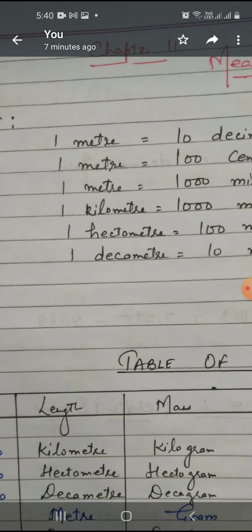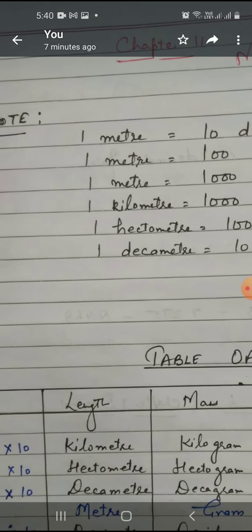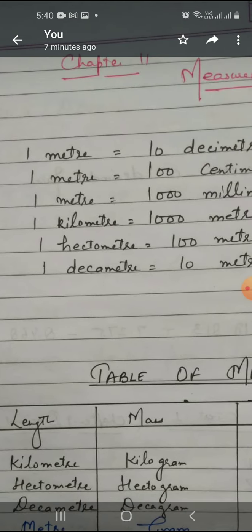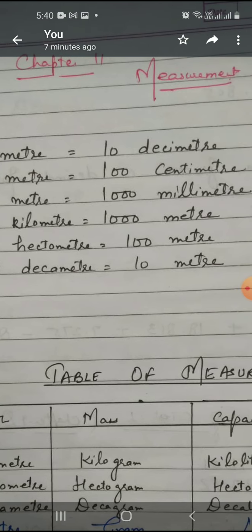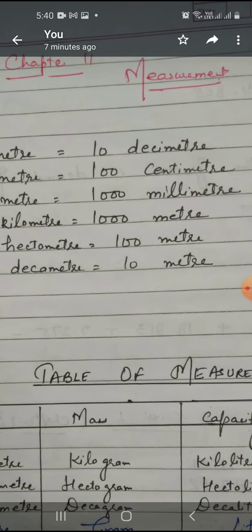So 1 meter is equal to 10 decimeter, 100 centimeter, and 1000 millimeter. These are smaller units than meter. Some are higher. 1 kilometer is equal to 1000 meter. 1 hectometer is equal to 100 meter. 1 decameter is equal to 10 meter. You have to learn this table.